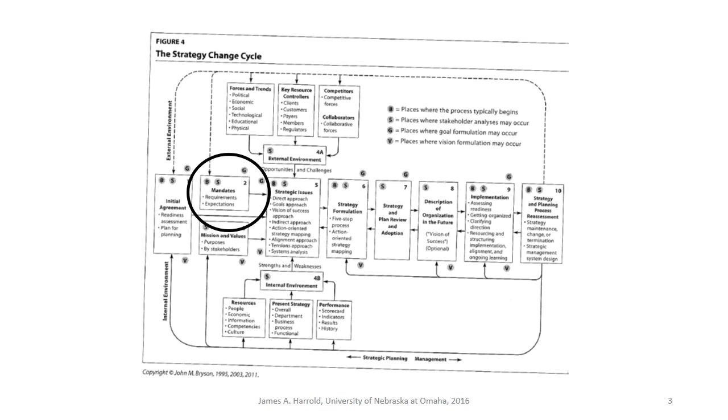And we're not going to necessarily cover the 10-step strategy change cycle model in perfect sequential order, but we will cover the parts that are very important, and we will end up covering most of the model. This week, you can see what I have circled there is step 2, and it talks about mandates. And you see under the term mandates is typed requirements and expectations, and that is what mandates are. So we're going to describe these more fully in the rest of the lecture.